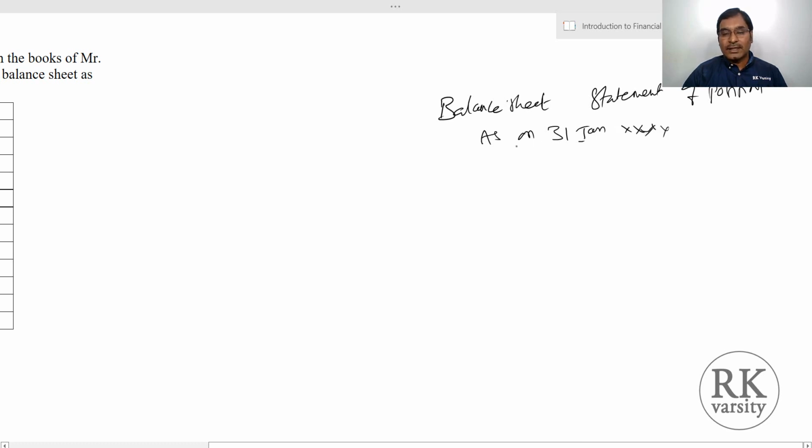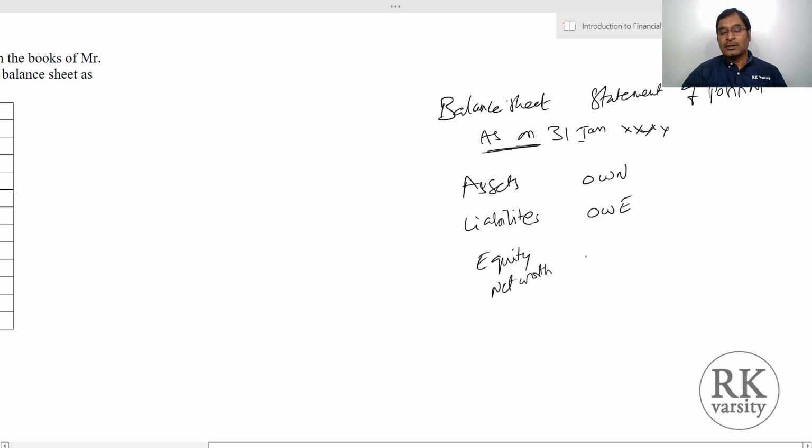So a balance sheet is prepared on a particular date, and it presents what assets the business owns and what liabilities the business owes, and the equity portion or what we call net worth, that the company or business owns on a particular date.